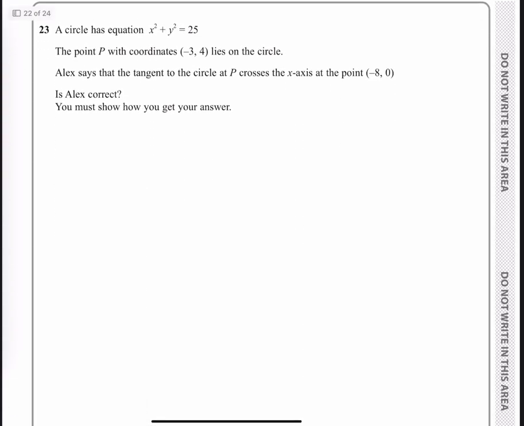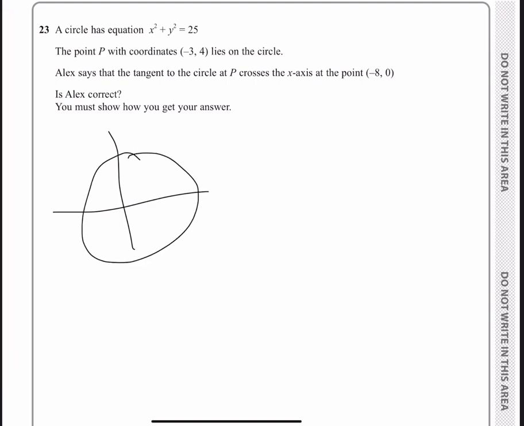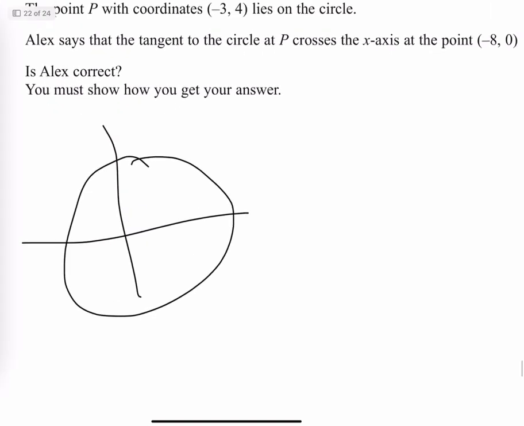Here's a circle. There's a point on the circle. Here's the tangent to the circle. Is he correct? Almost certainly not, but we'll see. So if we always draw our circle, it's just like a radius of 5 really. So it's -3, 4, so it's over here.